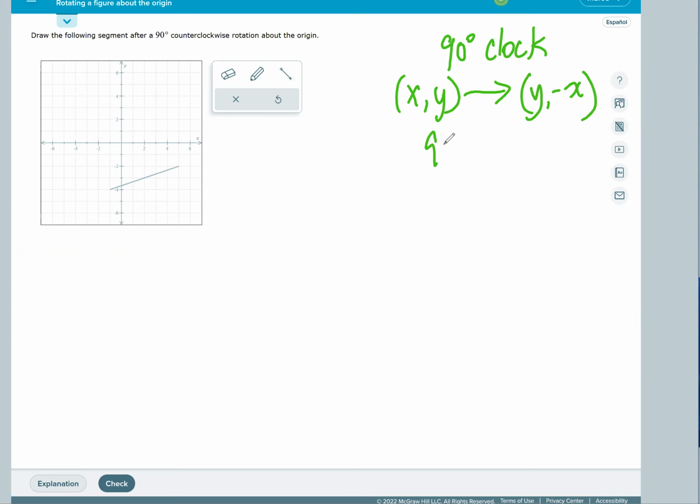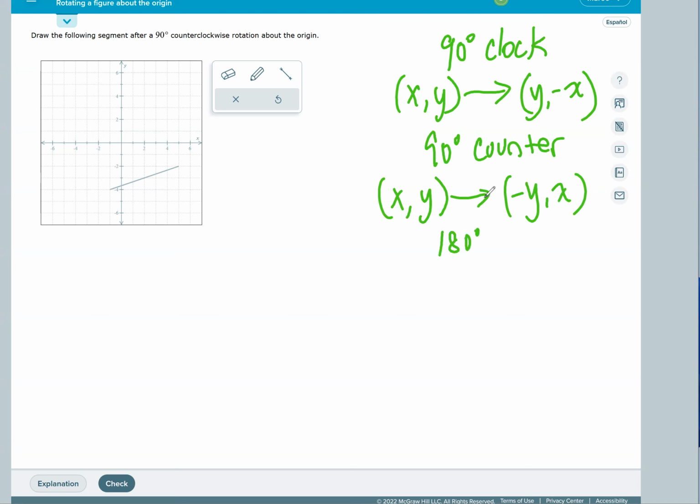And if we're going 90 degrees counterclockwise, our (x, y) is going to go to (-y, x). And then if we're going 180 degrees around, we're going to take our (x, y) and it's going to go to (-x, -y).